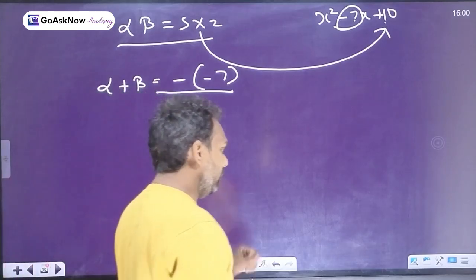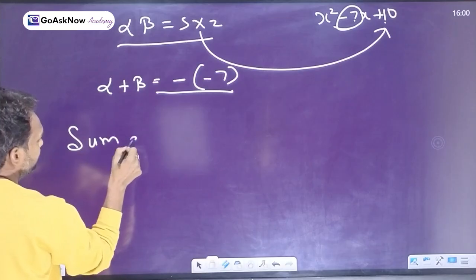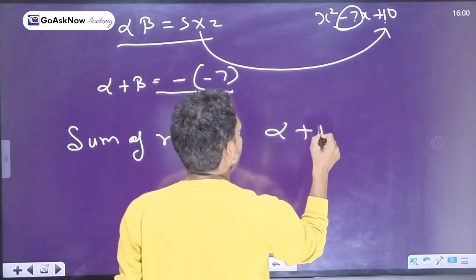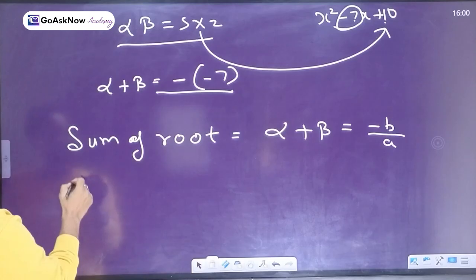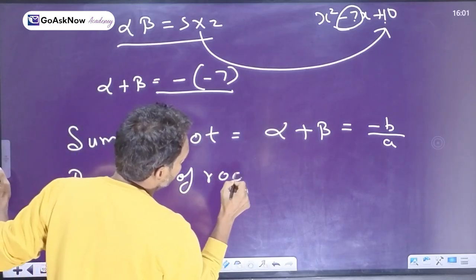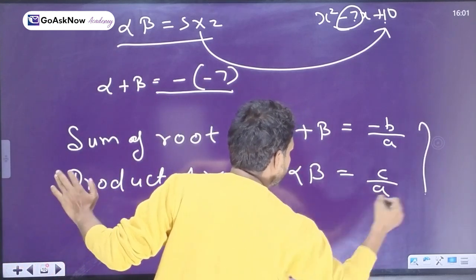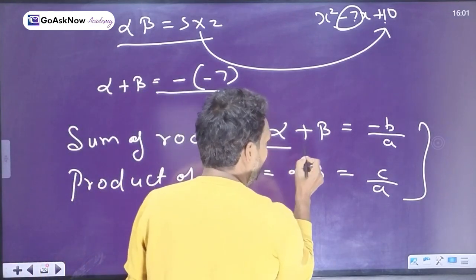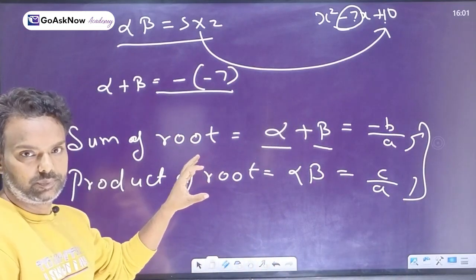So overall, the conclusion is that sum of roots is equal to alpha plus beta is equal to minus b upon a. Also, product of roots is equal to alpha into beta is equal to c upon a. Now, it should be clear to all of you what alpha is, what beta is, what a, b, c are in a given equation. Okay?